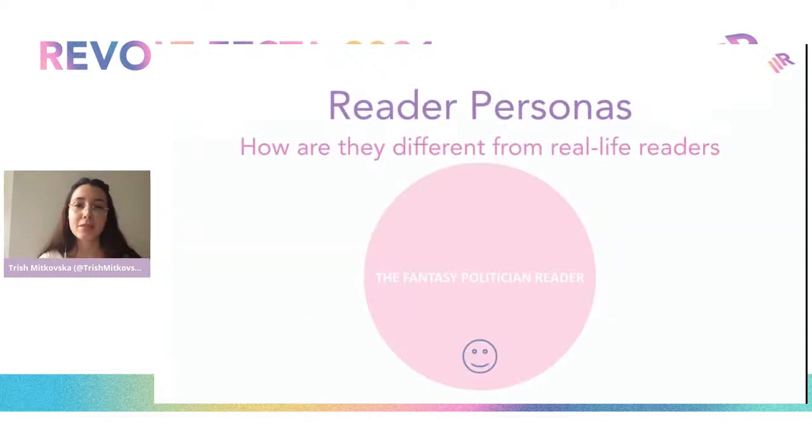So the main difference between a reader persona and an actual reader is that personas go to extremes. They focus on traits, then place a tag on each characteristic feature that they find about you. So the person from the example is actually a reader persona rather than a real-life reader.